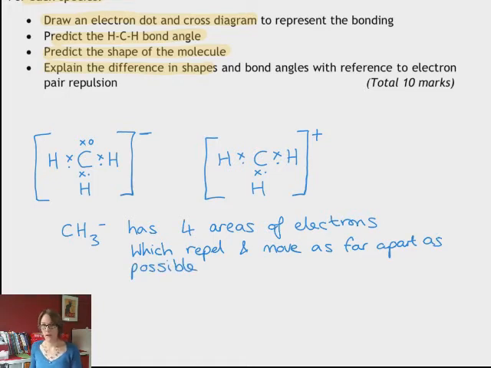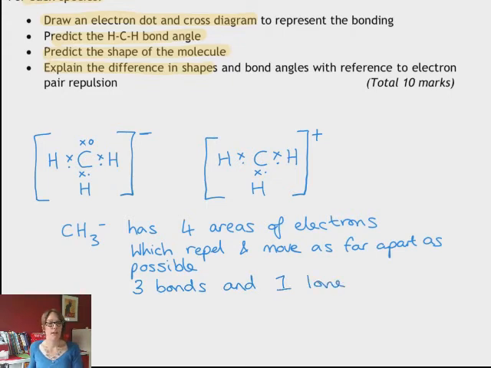That's not something that electrons have any say in, because they're just repelling according to the laws of physics. Be careful, so don't say that they repel as far apart as possible. Again, they move as far apart as possible because they repel each other. I've tried to keep the wording as short as possible while still retaining the meaning.